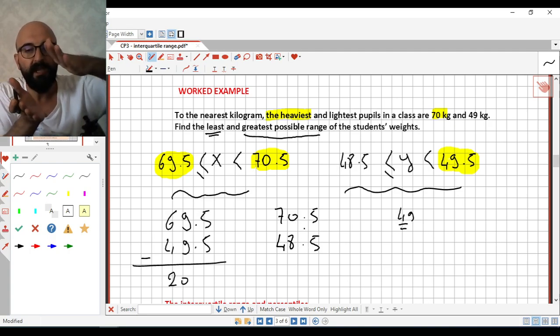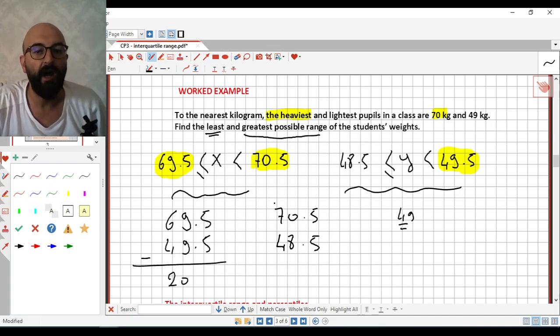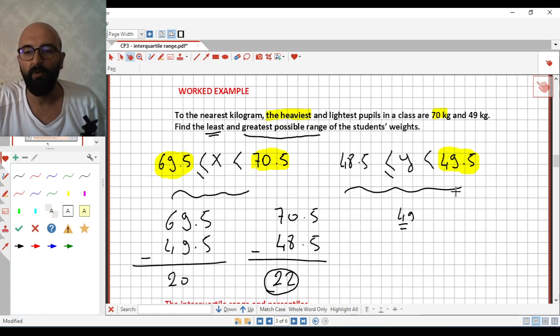So our range is very large, and the greatest possible range is 22. Okay, now.